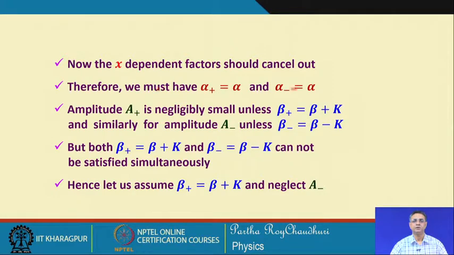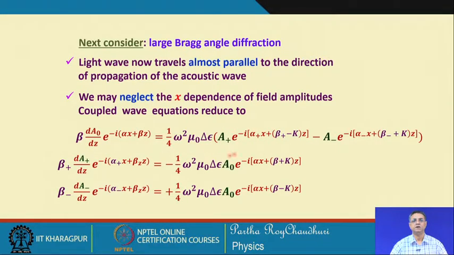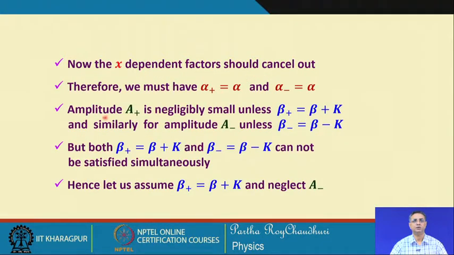So, both the conditions have to be satisfied in this equation, but that is not possible. It is not possible to satisfy both the conditions simultaneously. The amplitude A plus will be negligibly small, unless this condition is valid, beta plus equal to beta plus k.